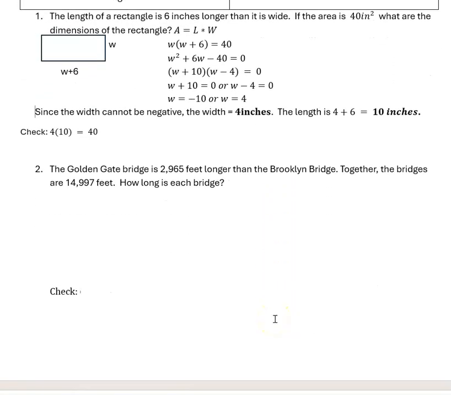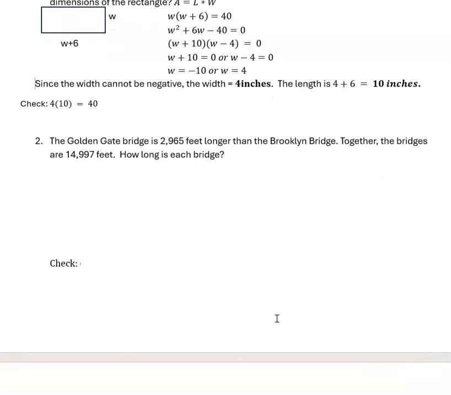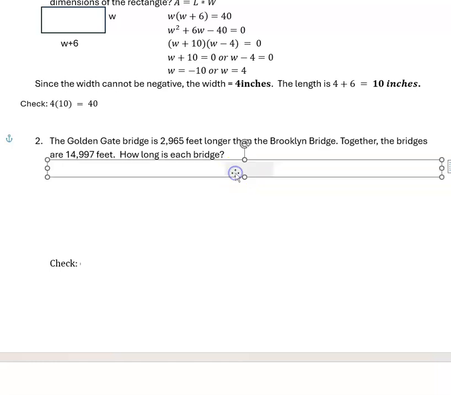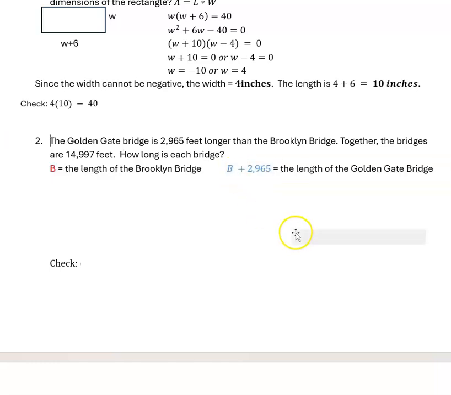Number 2: the Golden Gate Bridge is 2,960 feet, 65 feet longer than the Brooklyn Bridge. Together, the bridges are 14,997 feet. How long is each bridge? The first thing we would want to do here is to declare our variables. In this case, we can say that B is the length of the Brooklyn Bridge, and then we can say that B plus 2,965 is the length of the Golden Gate Bridge, because we were told that in the problem.